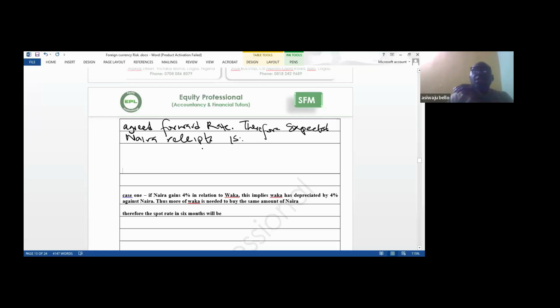In this case, you are going to pick 500,000 waka divided by 2.535. That will give you the Naira amount you are going to collect in 6 months. Please divide. That will give you the Naira amount to be expected in 6 months' time.